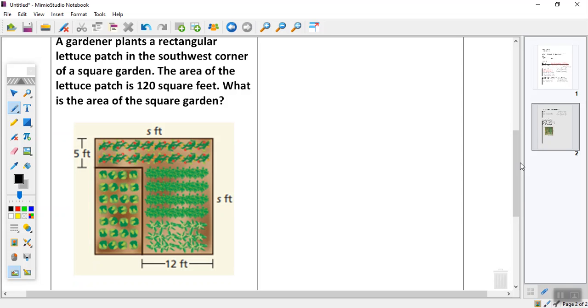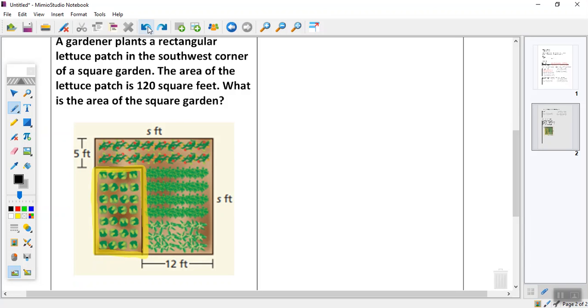Says a gardener plants a rectangular lettuce patch. That rectangular patch that he was talking about is right here. Okay, and they tell you the area of that garden is what? 120 square feet. So in this yellow area right here, there's 120 square feet.